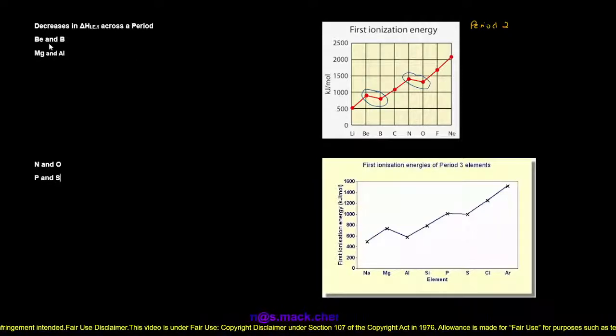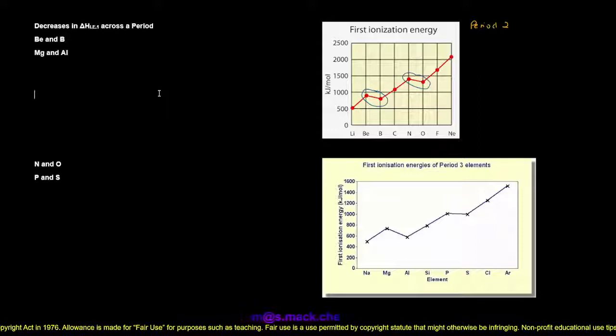So this is why I have beryllium and boron together and magnesium and aluminum. We will also look at nitrogen and oxygen and phosphorus and sulfur in terms of their decreases, as they also appear above and below each other in a group. Right, so nitrogen is above phosphorus, oxygen is above sulfur in a group.